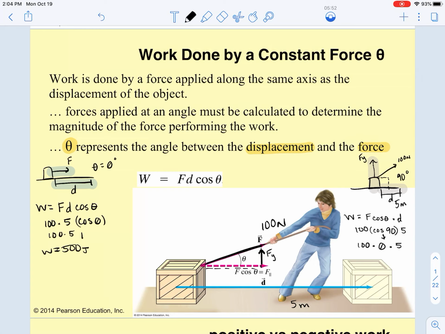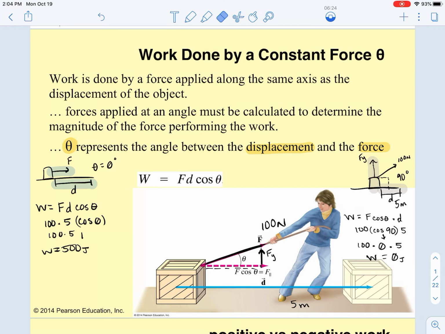So we would essentially be multiplying 100 times 0 times 5, which means in the vertical direction, the woman performs 0 joules of work. There is no work being done. Why? Because the vertical direction in this scenario is perpendicular to the direction of the displacement, not parallel. It has to be parallel. It has to be in the same plane, along the same axis, okay?